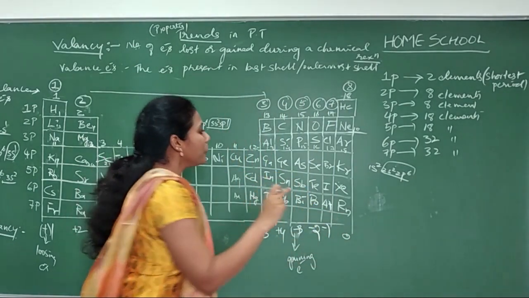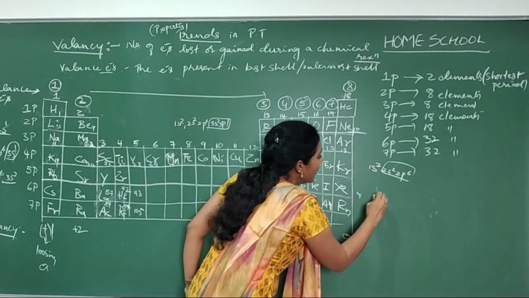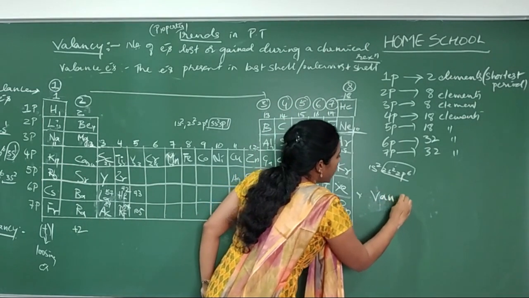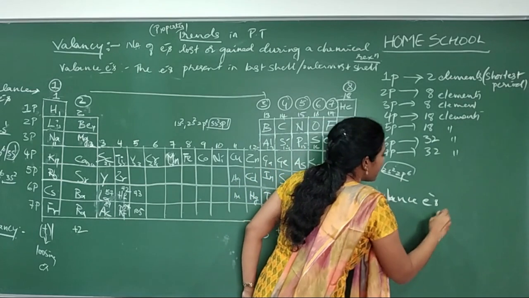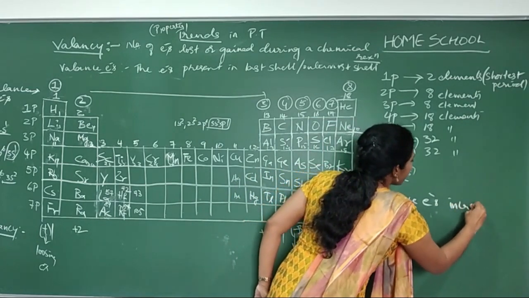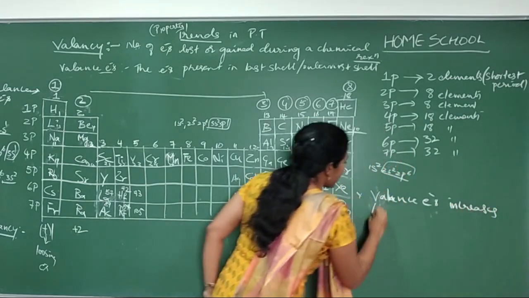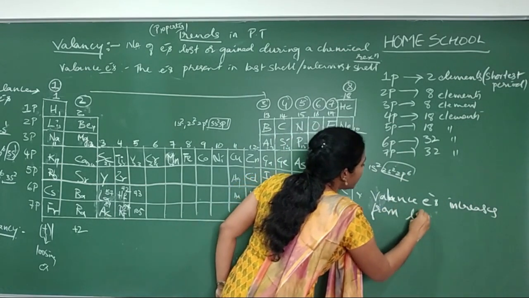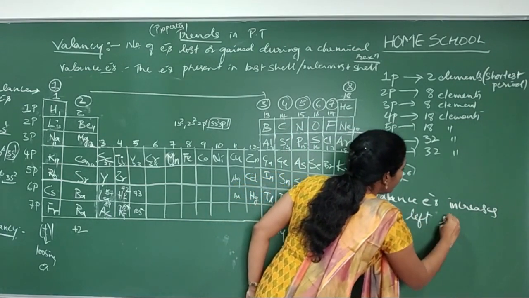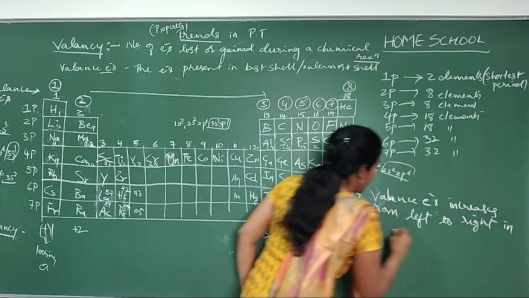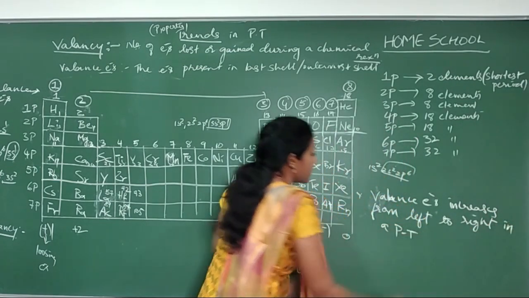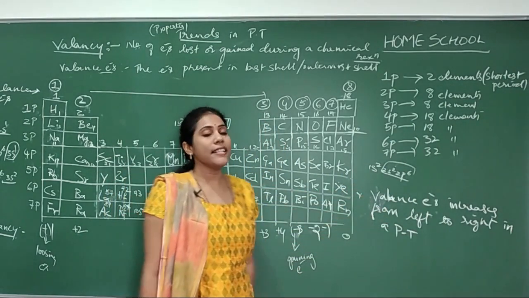So what you have to remember here is, the valence electrons increase from left to right in a periodic table. This is very important. They'll ask you in the examination.